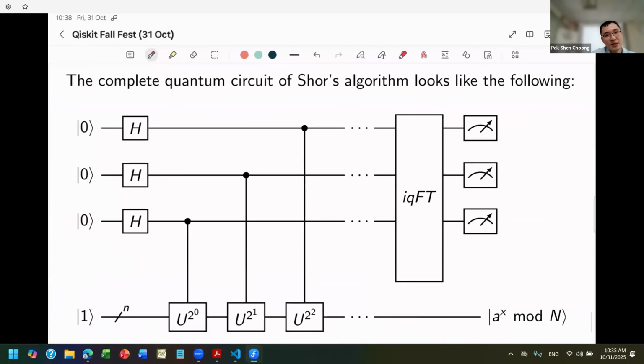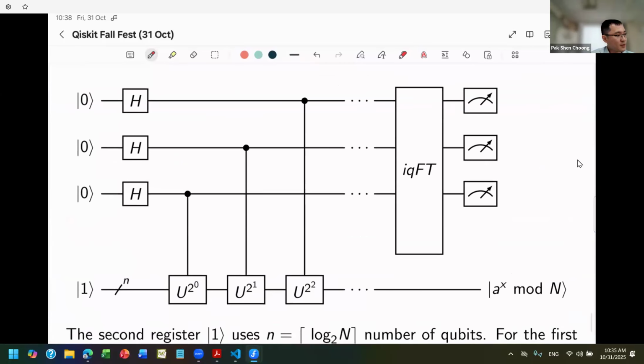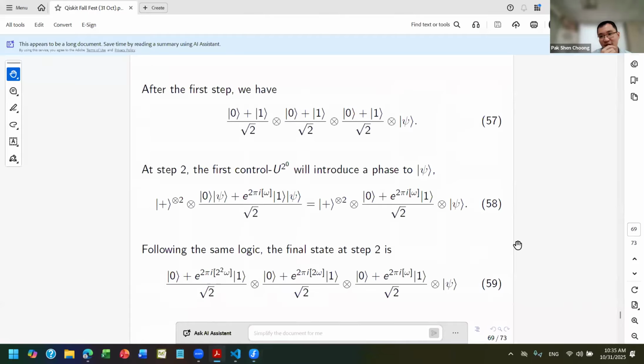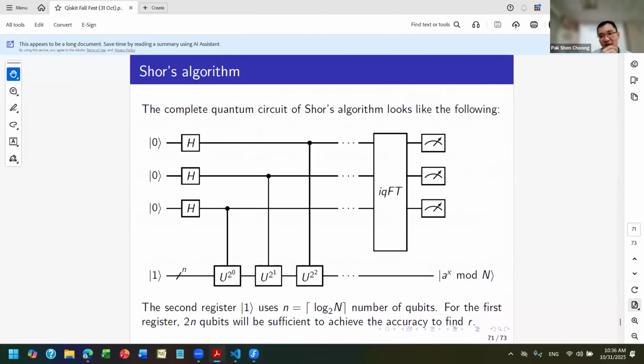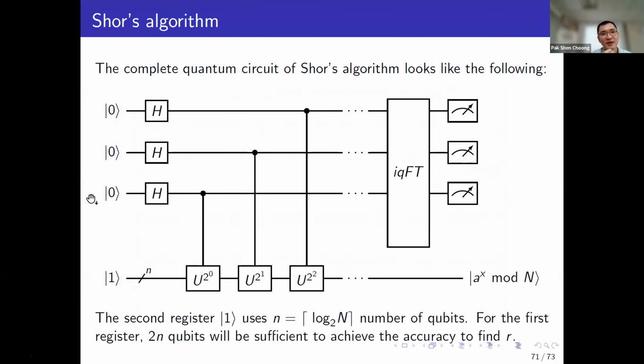So what would be the circuit of Shor's algorithm? From now on, I will switch through a lot of different windows. Your Shor's algorithm is basically given by this, whereby you initialize your n qubit states to 1.